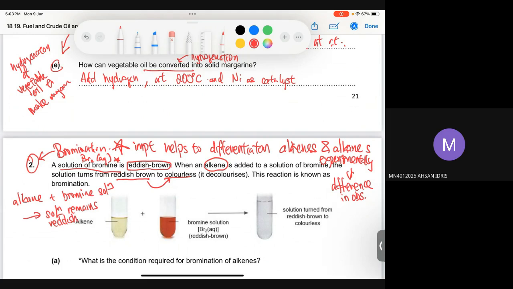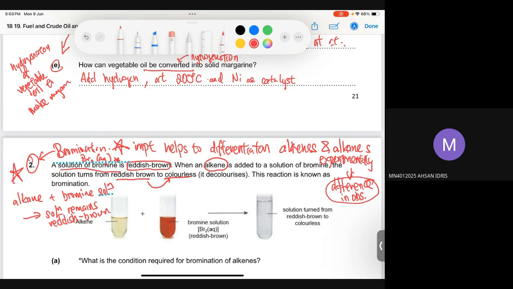There is no change in the color. So if I have alkene, it will decolorize my aqueous bromine. If I have alkane, my aqueous bromine will remain reddish brown. It will not change from reddish brown to colorless. So that's why there is a difference. I can observe them, I can differentiate them. This is important, regularly tested.